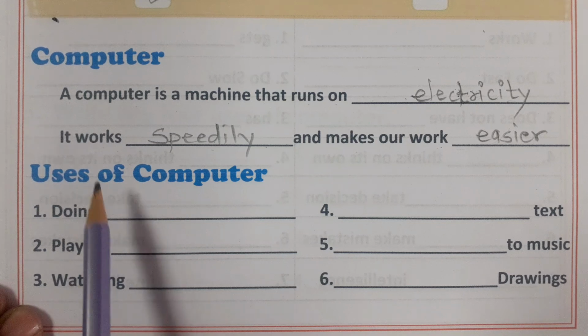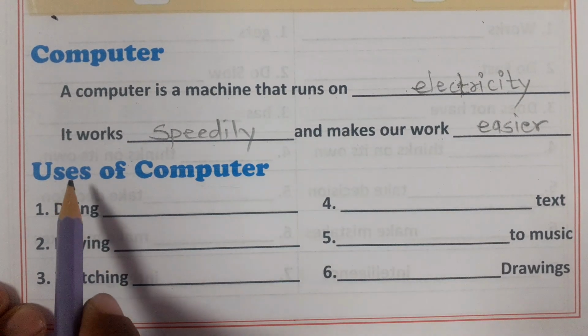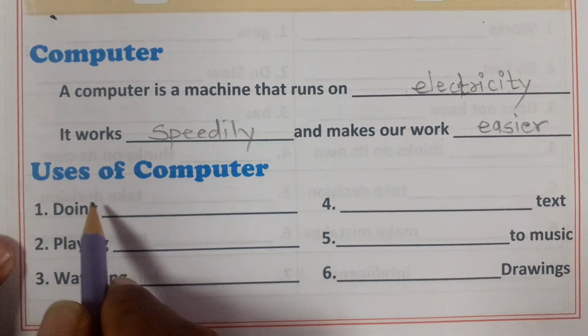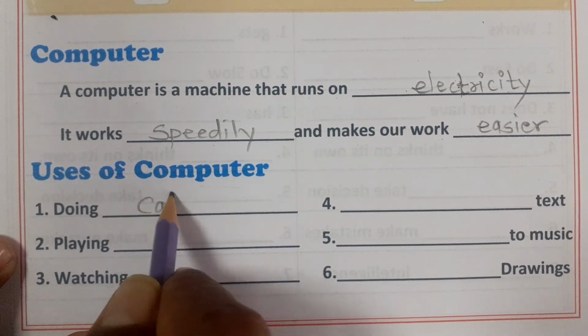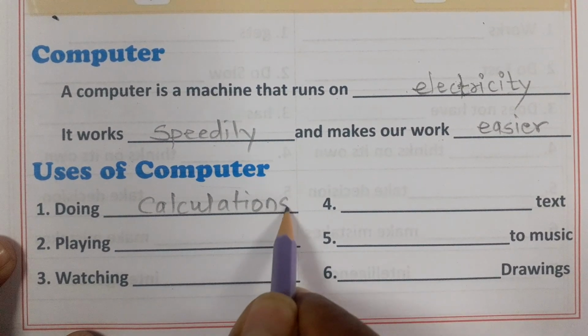Now what are the uses of computer? Uses means where the computers are used. Okay? See. Uses of computer. What are the computers doing? Computers are doing calculations.